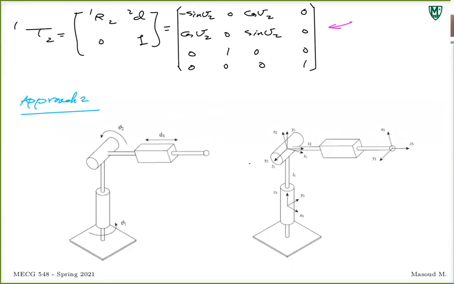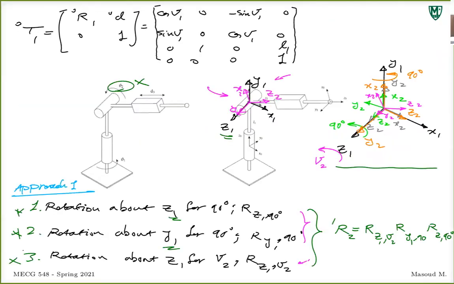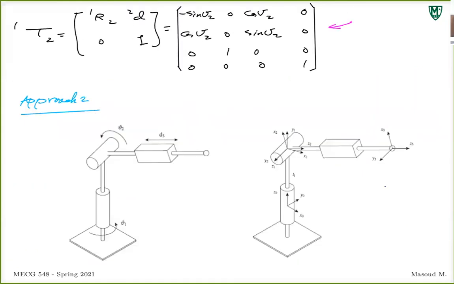I don't know if you went home and thought about this, but there is a second way of doing this. The first one, I started with a rotation about Z1, a rotation around Y1, and then took into account the rotation of the revolute joint. Now, there is a second way of doing this. Let's see if you can follow. I'm going to make things a little bold.